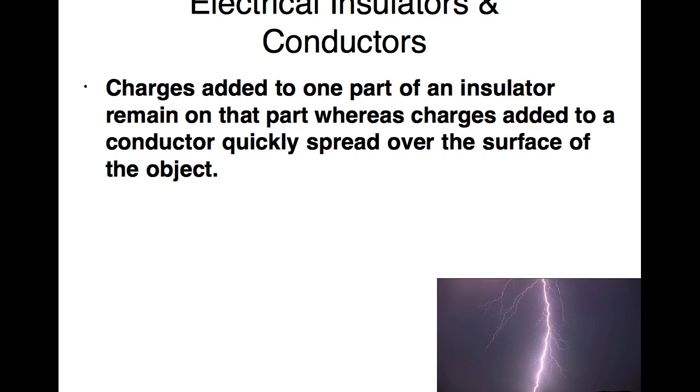You have lightning rods on certain buildings, directed right to the ground, because when the charge hits the ground it will immediately dissipate. With a conductor, the charge goes through those objects quite quickly, and every object will be affected by it.